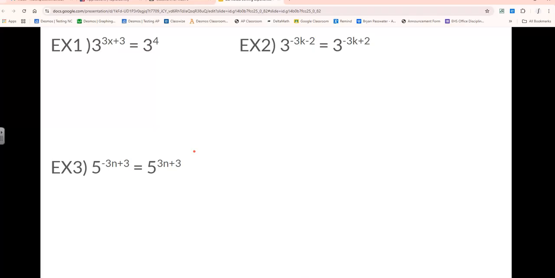So let's look at a few different problems. You're going to run into several different types of problems. These three examples are exponential equations because we have a number being raised to a power and we got a variable up there. But these are a specific type of exponential equation that's really not all that bad to do.